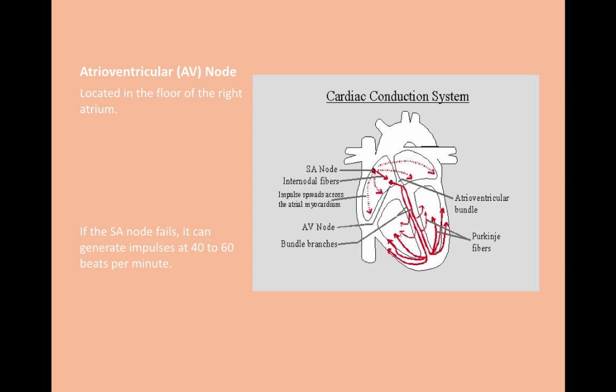So we just kind of work from superior to inferior in terms of pacemaker sites. So it's that constant backup. So if you have that breakdown at the SA node, or the SA node impulse cannot transmit from the base to the apex for whatever reason, the AV node will take over and it will function as the pacemaker site and will set it at about 40 to 60 beats per minute.